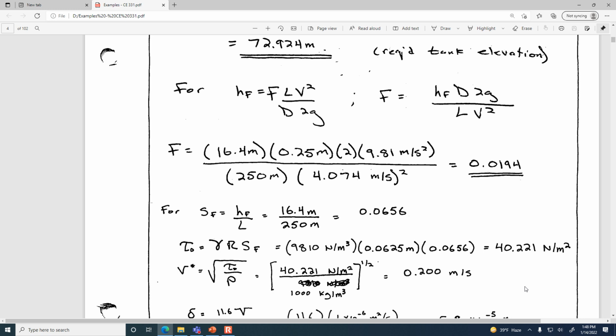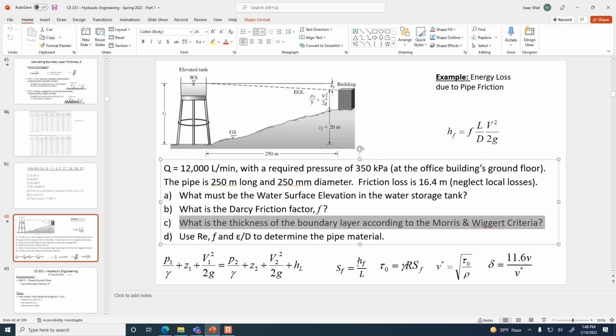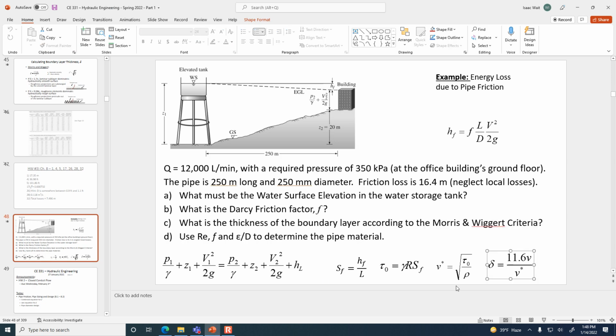And then for this fluid, which has a density of 1,000 kilograms per cubic meter, the shear velocity is 0.2 meters per second. So we've normalized the shear stress by dividing by the density and took the square root. 0.2 meters per second is the shear velocity. And then our last step will be to substitute that shear velocity into this Moody and Wiegert criteria along with the kinematic viscosity of the fluid.